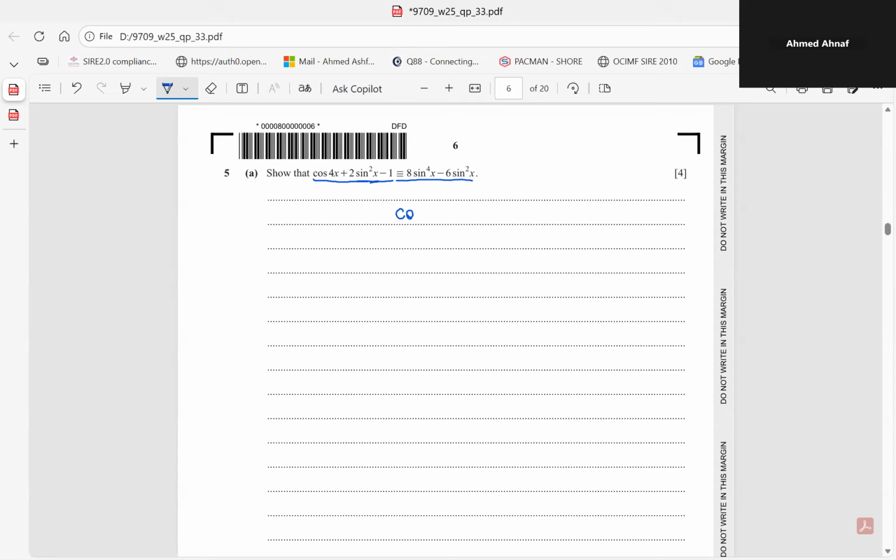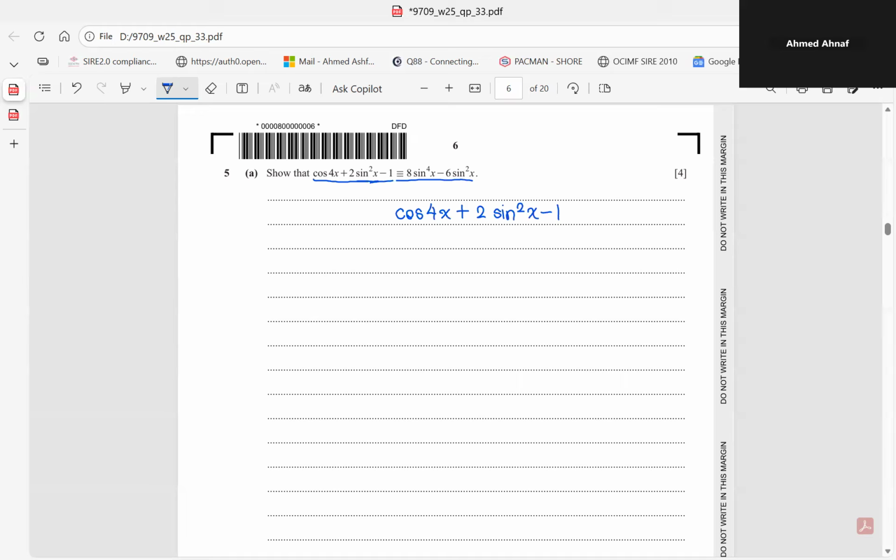So cos 4x plus 2 sine squared x minus 1. Okay, so our goal is to make everything in here in terms of sine only, so sine x only.